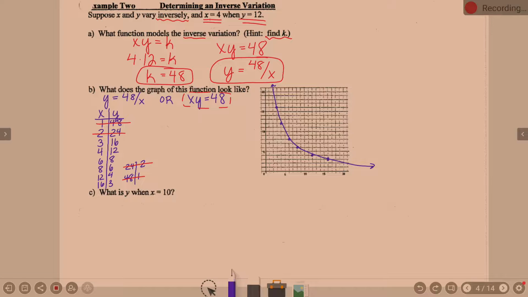What's going to happen as this graph approaches the x-axis and the y-axis? Is it going to cross the x-axis and y-axis? No, it's never going to touch. Because in order to touch or cross the x-axis or y-axis, x or y would have to be 0. Could x or y be 0? No, because 0 times nothing will result in the number of 48.